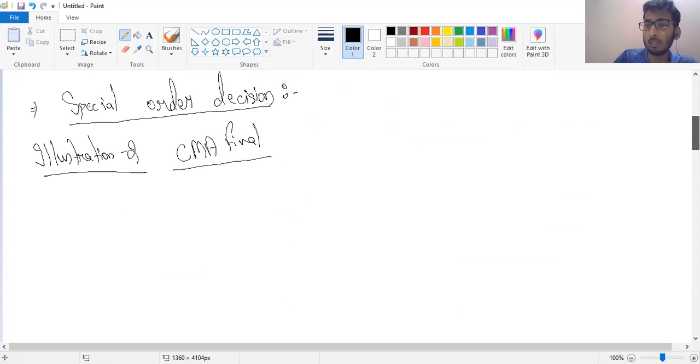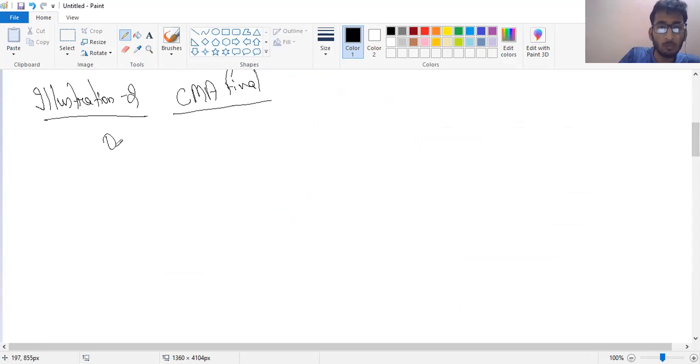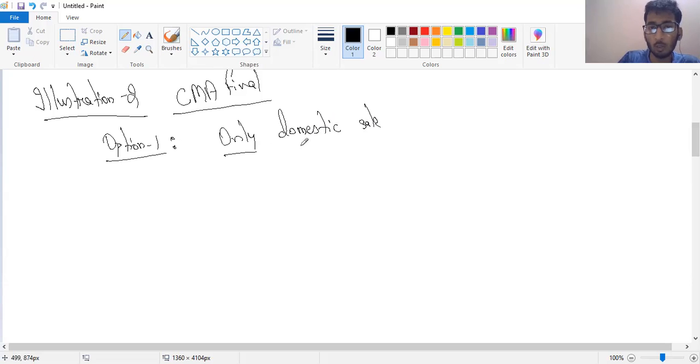Let's see all these three options separately. So my option 1 is only domestic sale. Whatever you are doing currently, just continue with that. So my sale would be, just see from your book, what is my current data.